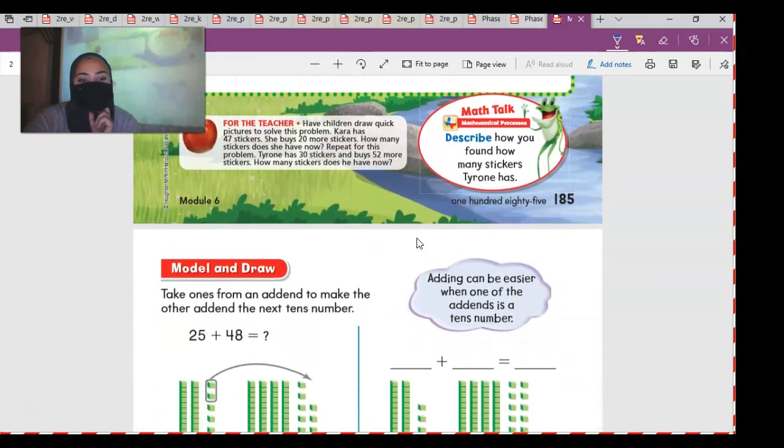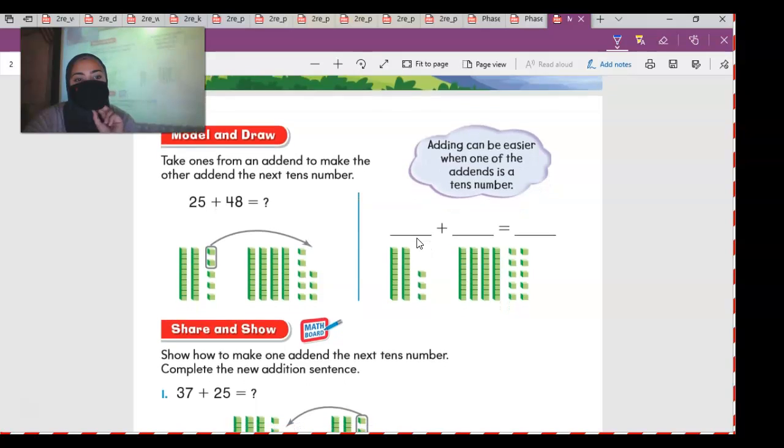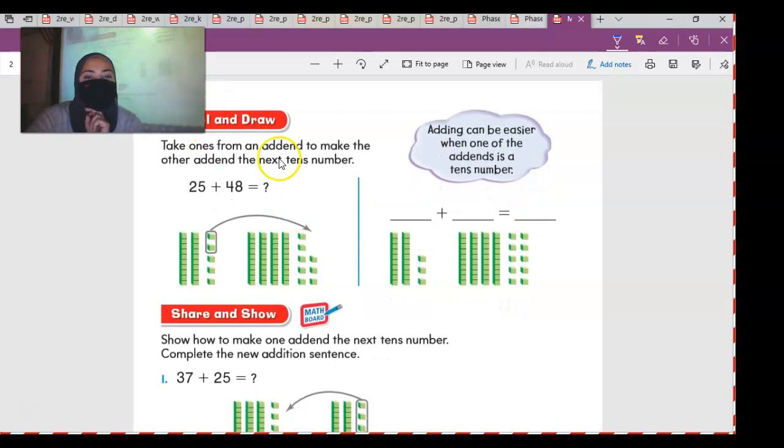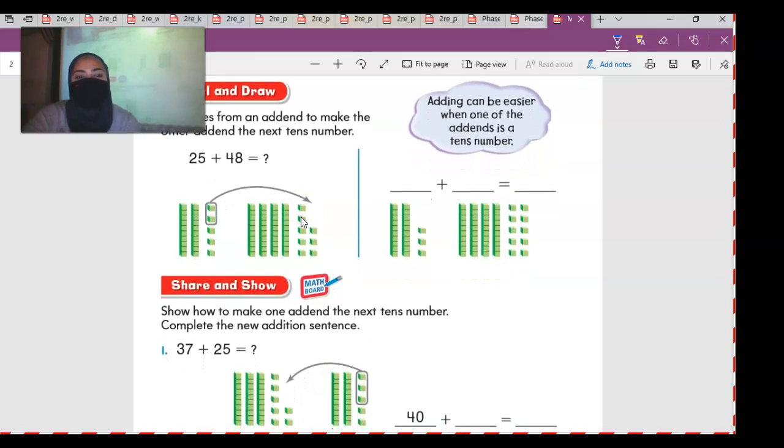Okay, let's move on. Ooh, model and draw. Take ones from an add-in to make the other add-in the next tens number. So, for 25 plus 48, if you look here, you see that the numbers in the ones place are greater than 5 because they want you to make a 10.